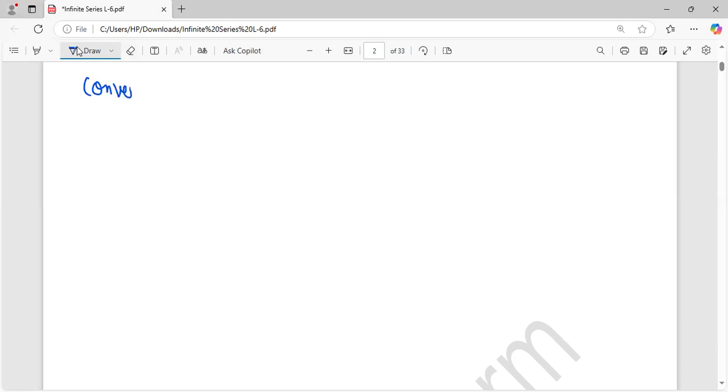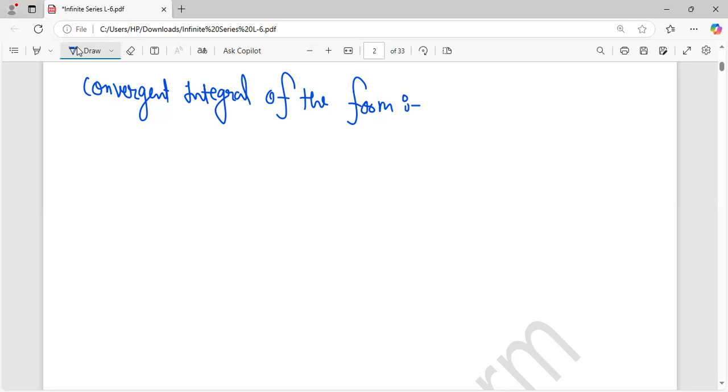Convergent integrals of the form a to infinity f(x) dx.